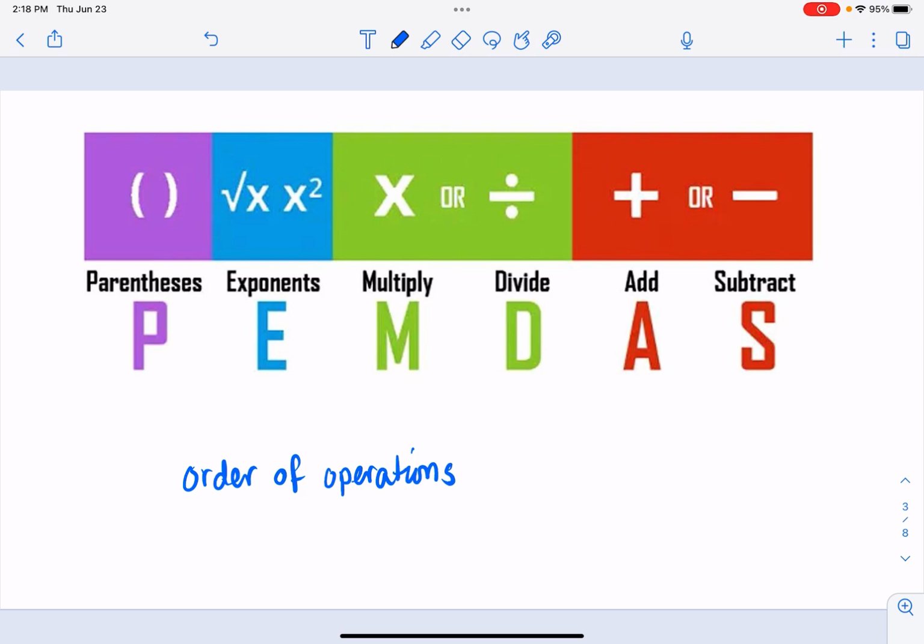And then you're going to be doing anything that has an exponent to it. So there's a square root sign there, or an x squared, or any exponent you see. And then you go through and you do any multiplication or division. Then you go through and you do any addition or subtraction.